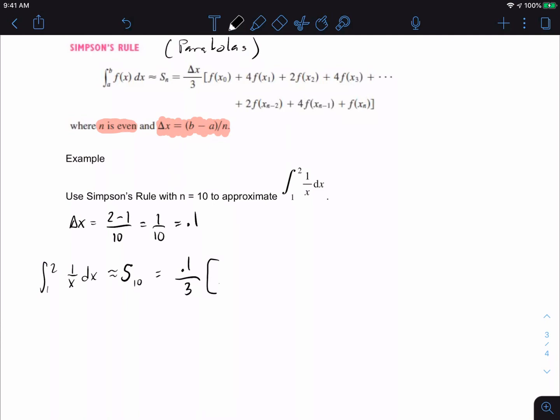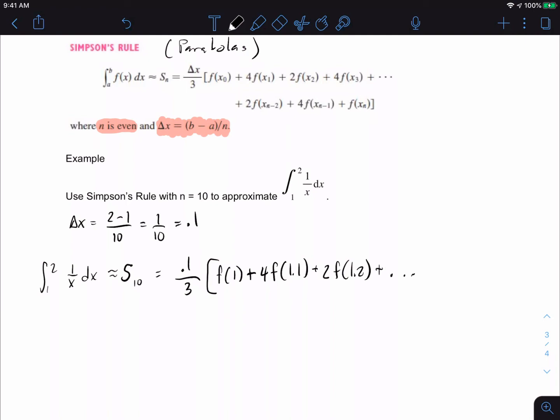And then I'm going to go f of, my initial is 1, right? Plus my next increment is going to be 1.1, 1.2. Oops, what did I forget? The coefficients. Don't forget the coefficients. So it should be 4 times f of 1.1 plus 2 times f of 1.2.